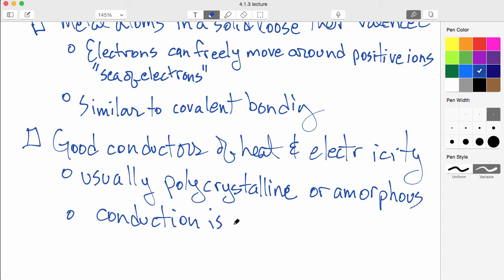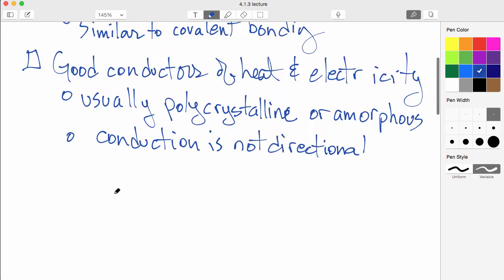So there's no preferred direction for that conduction. It can conduct equally in all directions. All right. It is easier to move the electrons around, and because of that, metals can often be mixed with many other metals to form alloys.